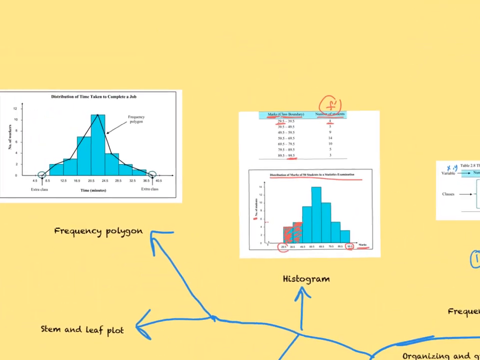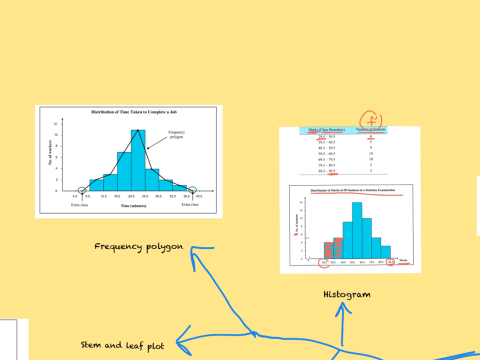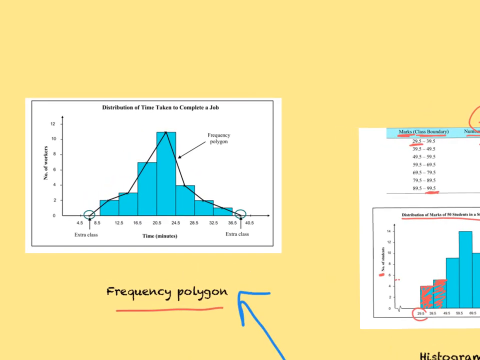Okay. After histogram, we have frequency polygon. It is quite simple to get a frequency polygon if you already have your histogram. Based on the histogram from the example in your book, the blue bars here are your histogram.